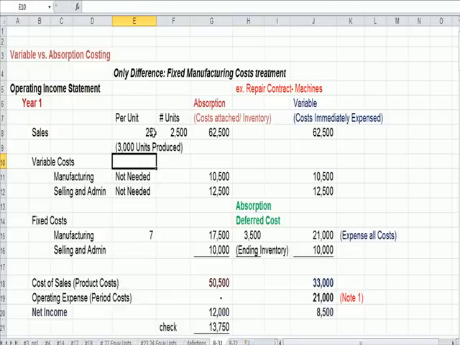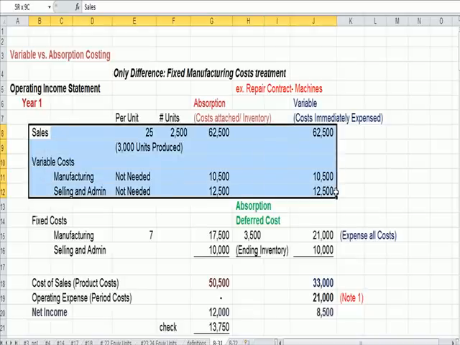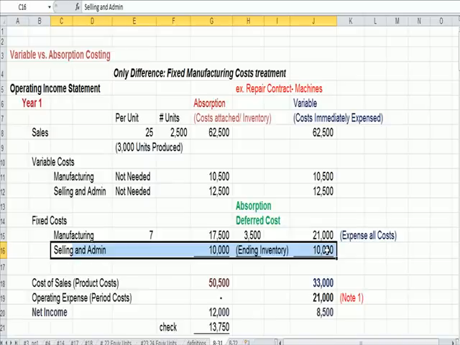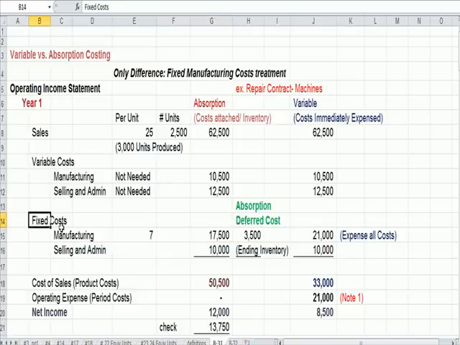As a result, we don't sell everything that we produce, so we end up with ending inventory. So we have sales and variable cost. This data is the same for both. Selling and admin costs are the same for both. The only difference is in fixed manufacturing costs.